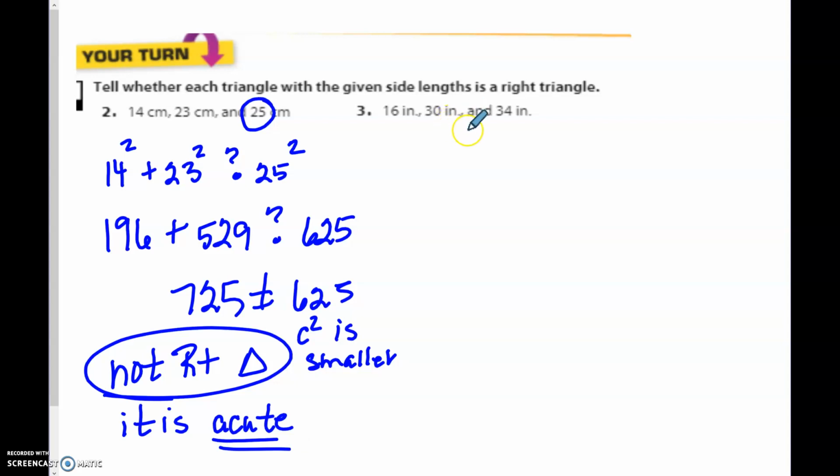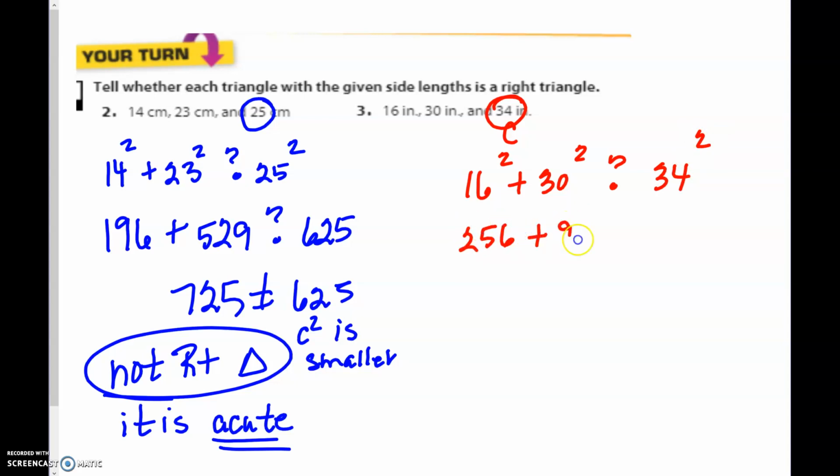All right, let's try this last one. So I like to find my bigger one so that I know that that is C. So 16 squared plus 30 squared, does that equal 34 squared? So 16 squared is 256. 30 squared is 900.